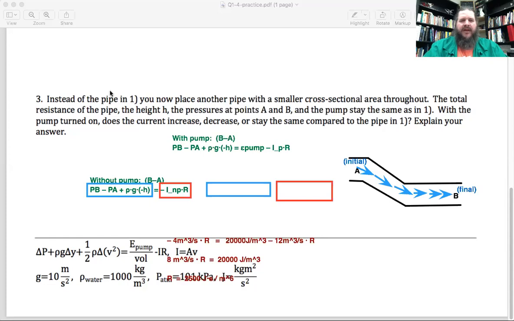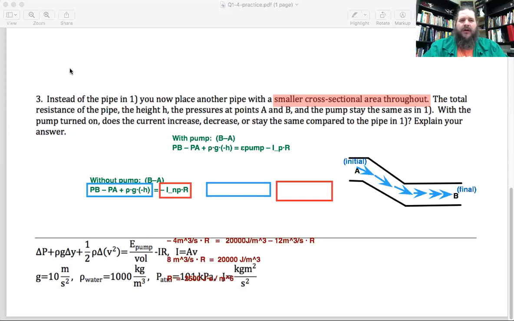Yeah, they're going to be the same. We are making the cross-sectional area smaller, but we're making it smaller, presumably by the same amount throughout the entire pipe. And for the kinetic energy density difference, it doesn't really matter what the cross-sectional area is. What matters is there a difference in cross-sectional area from location A to location B?